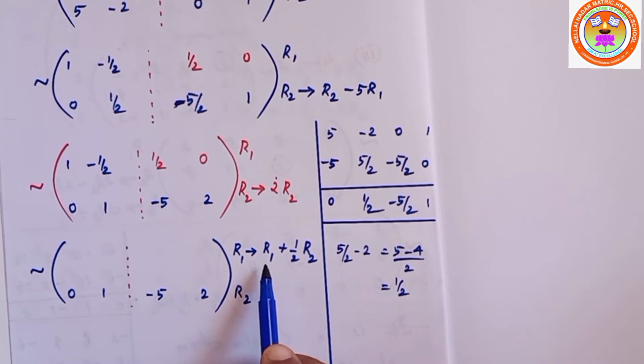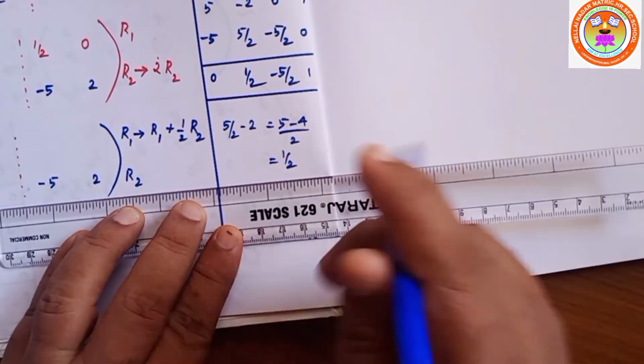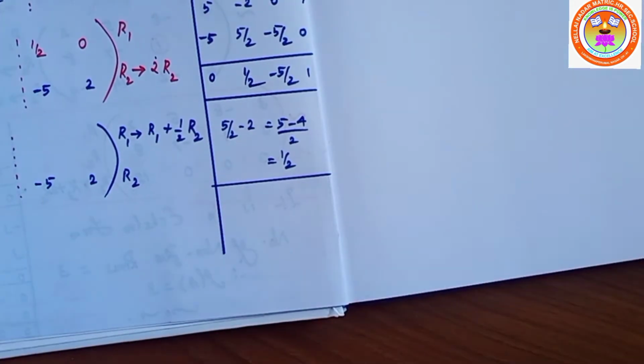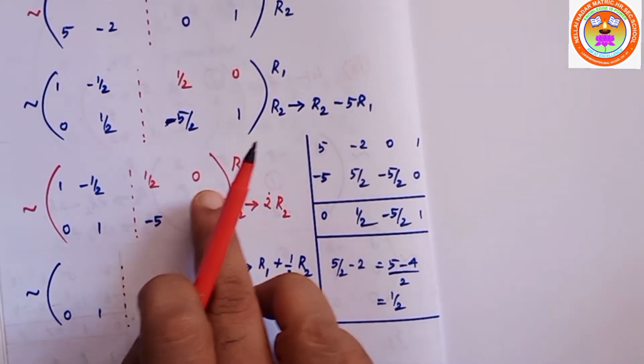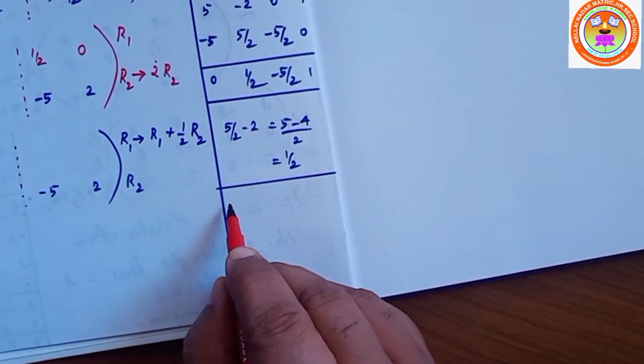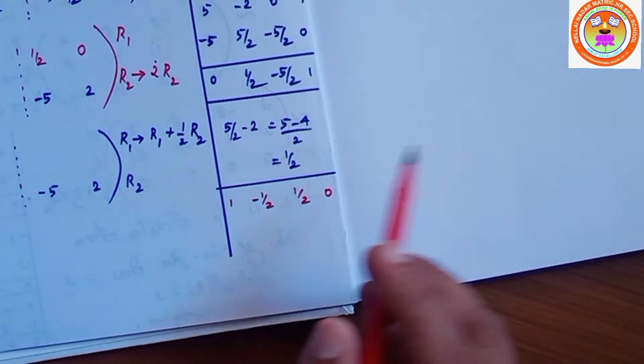Okay, I do the calculation here, R1 plus half R2. What is R1 here? 1 minus half plus half, 0. I do it here, 1 minus half plus half, 0.